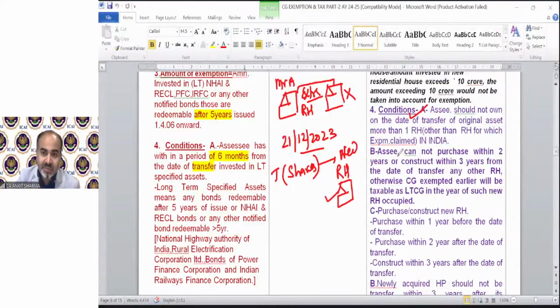Now B says the assessee cannot purchase within 2 years or construct within 3 years from the date of transfer any other residential house. Is condition A clear?